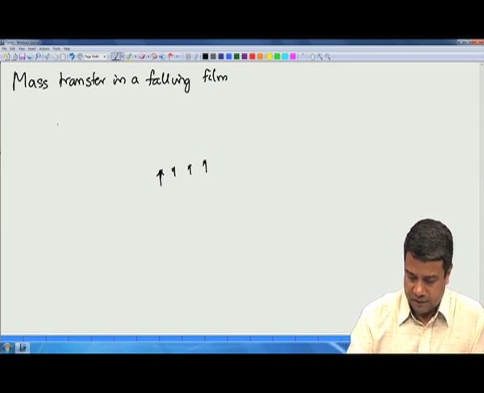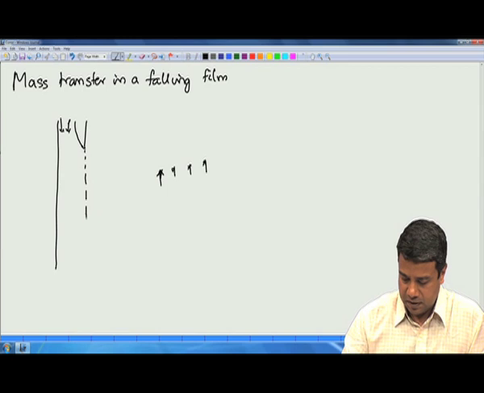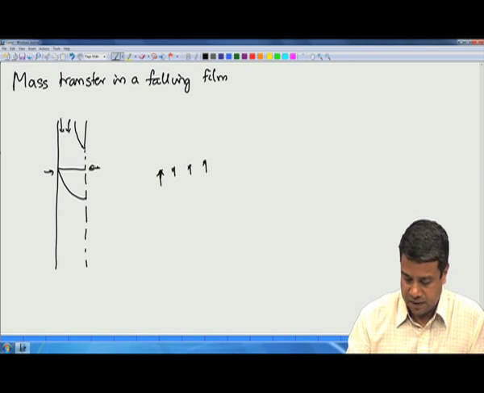You will basically have this wall here, and the fluid will actually come in through a weir on top. Fluid will come in and then it will flow as a film down, a film of some thickness T.